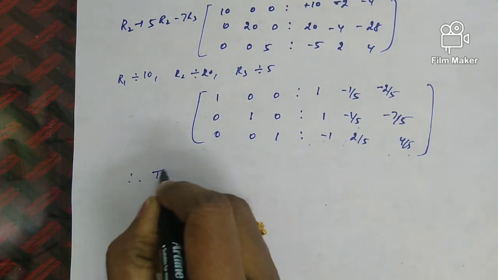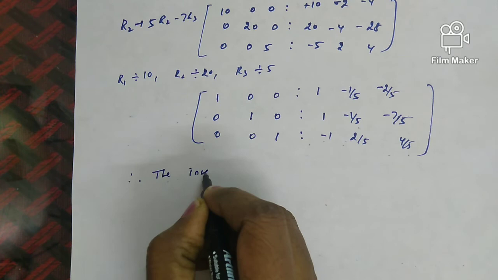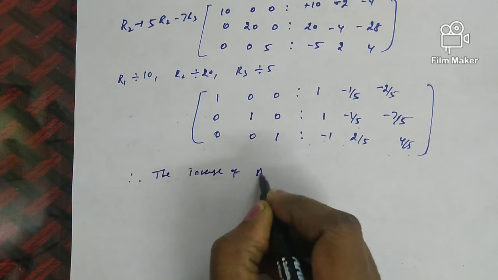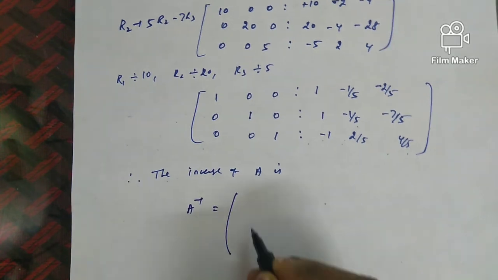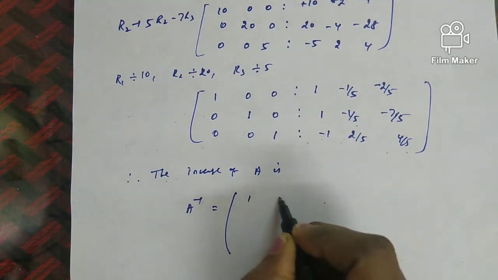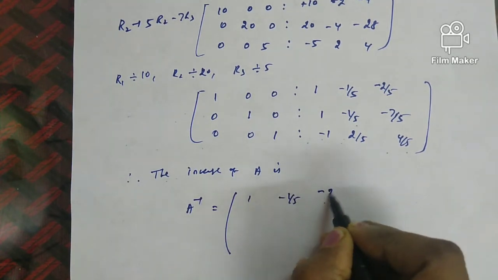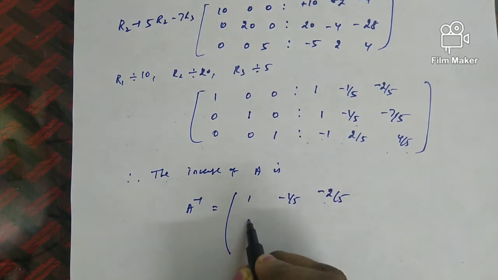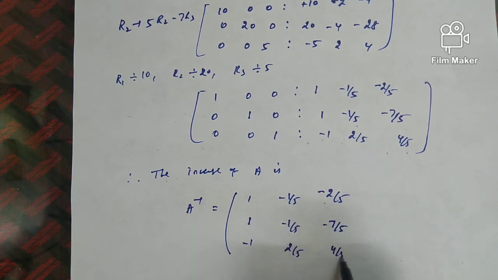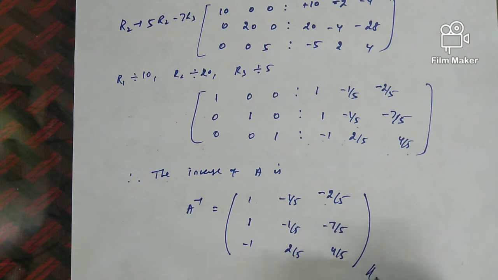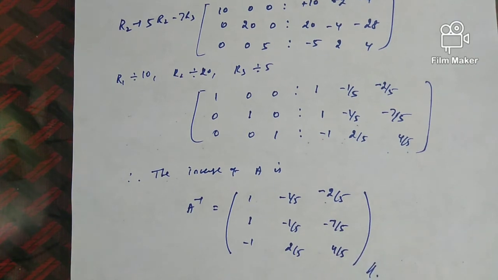The inverse matrix A inverse is: the first row 1, -1/5, -2/5; the second row 1, -1/5, -7/5; the third row -1, 2/5, 4/5. So this is the required inverse matrix for the given matrix.